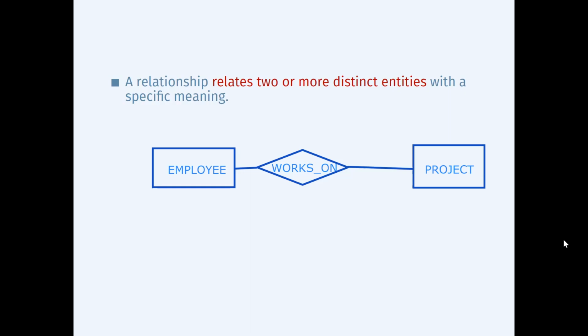Right? Then we have to talk about the degree of relationship. What do you mean by degree? Now, for example, if you take one particular employee, how many projects can the employee work on? It should be many, right? Similar to that, if you look at a project, how many employees can work on it? Again, many.